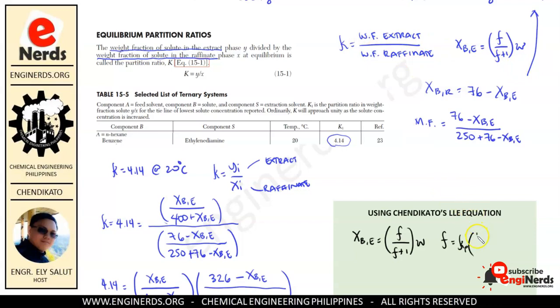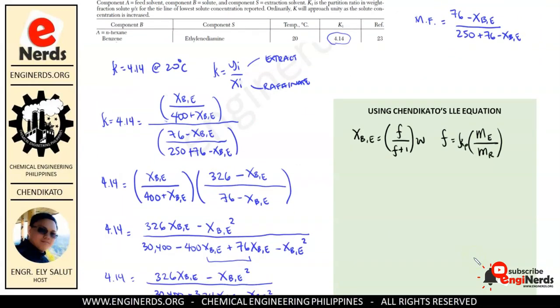So we have the amount of our extract solvent over the amount of our raffinate solvent, no? So I will solve for F. I will have here F is equal to K, ang nakuha natin K is 4.40, no? Galing sa table 15-5 ng ating 7th edition handbook.